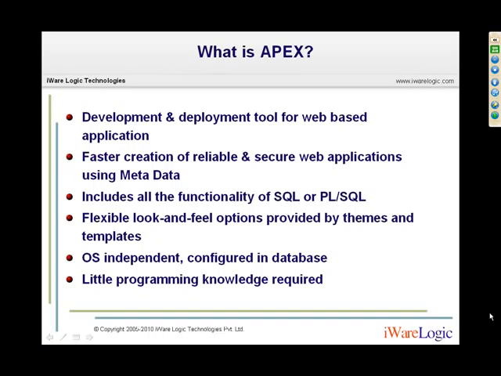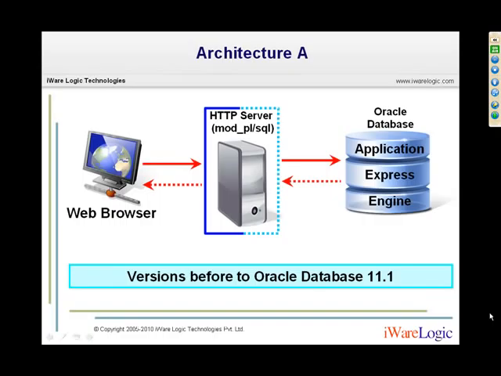As you are seeing, this architecture of Apex applies to the versions before Oracle Database 11.1. We have a web browser, we have an HTTP server, and we have Oracle Database. Now how does it actually work? When you send a request from a web browser, that request goes to the HTTP server.